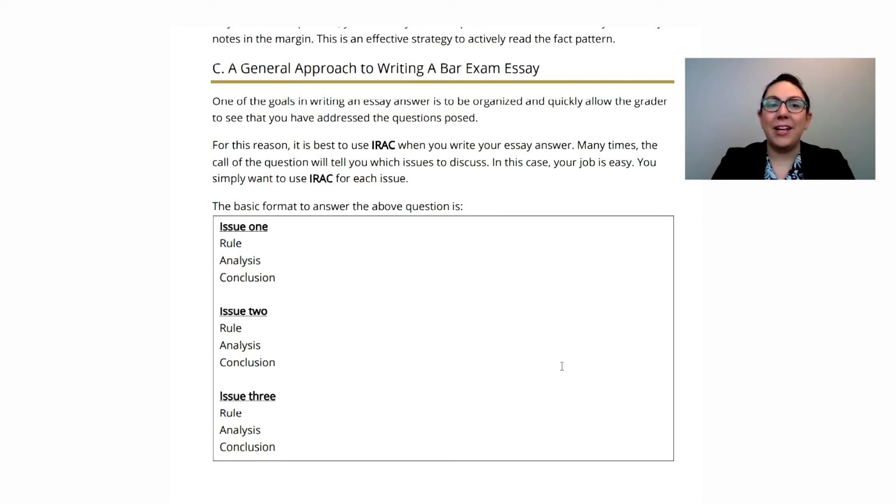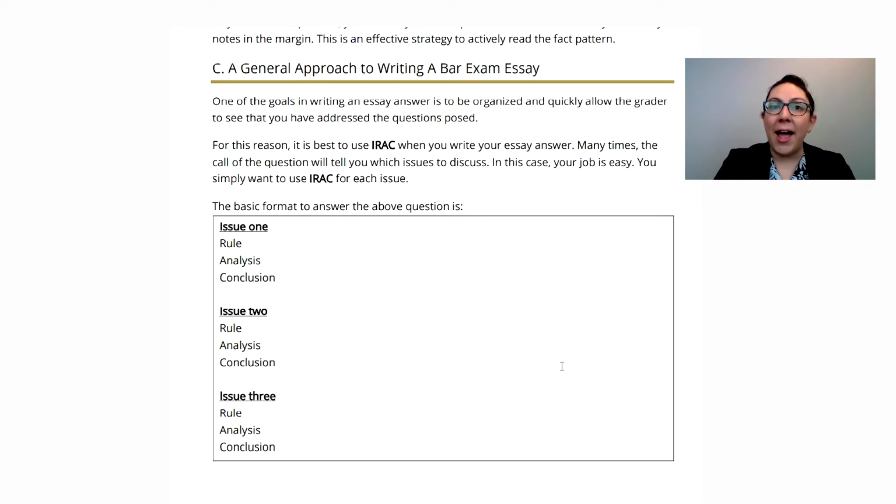Every single issue that you discuss on a California essay should take this format. Again, if you look at the sample student answers that California has released, they almost always use a very strict IRAC approach to writing their answers. This is a huge helpful hint that organization is essential to a high score on a California essay.